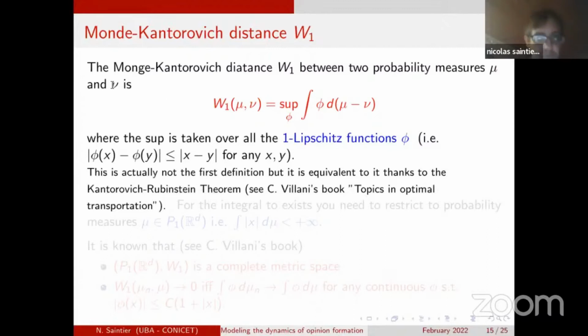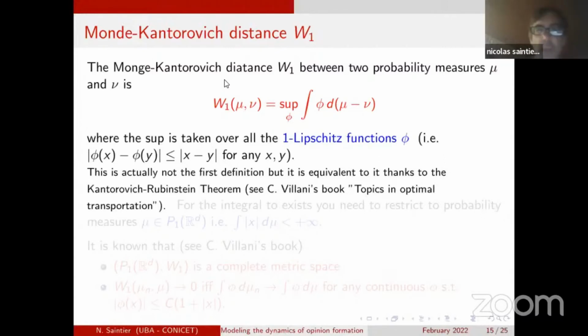It's W because it's for the Wasserstein distance, but they are also called Monge-Kantorovich distances because they appear very naturally in the optimal transportation problem, where Monge and Kantorovich are the founders. Maybe it's more right to call them Monge-Kantorovich, but I stick with what I saw in papers, they call it W1.